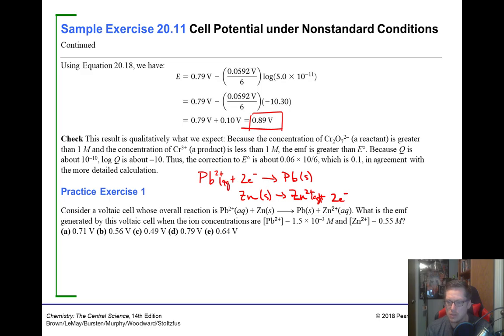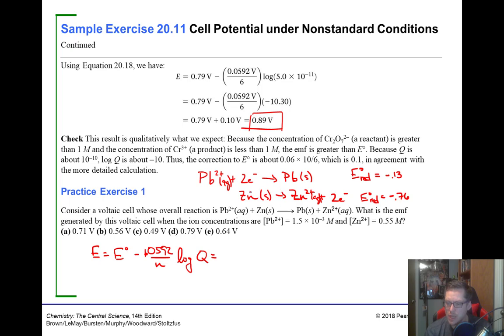All right, so our E would be equal to our E standard minus 0.0592 over n times the log of Q. First we need to calculate our E standard. The standard reduction potential of lead is negative 0.13, and the reduction of the zinc is negative 0.76.